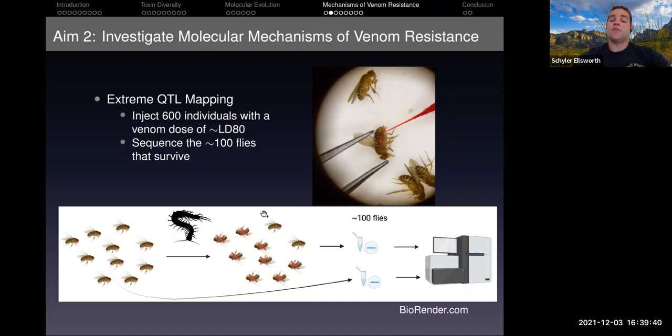These flies that survived that venom injection, I would then sequence, which turns out to be around 100 flies. I then sequence flies from the base population that were not injected, as a control. And then after sequencing those, I'm able to compare the allele frequency changes that occurred between the base population and these venom-resistant flies to see which genes are potentially helping with this venom resistance.